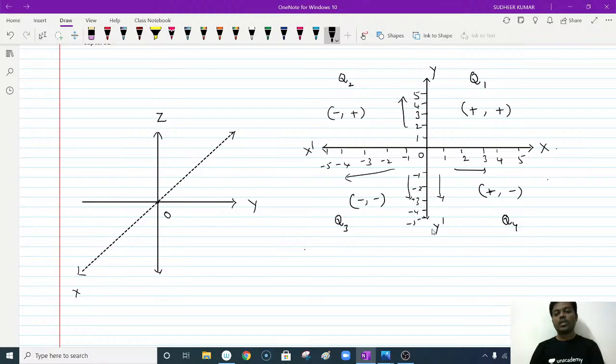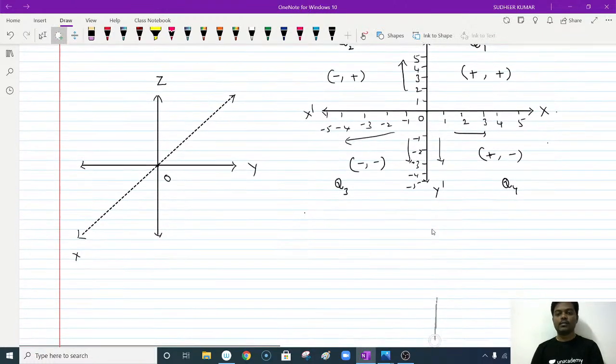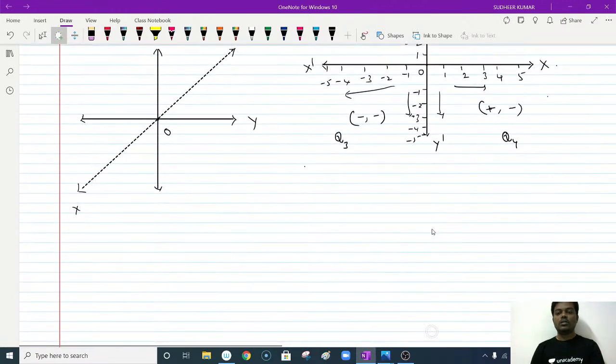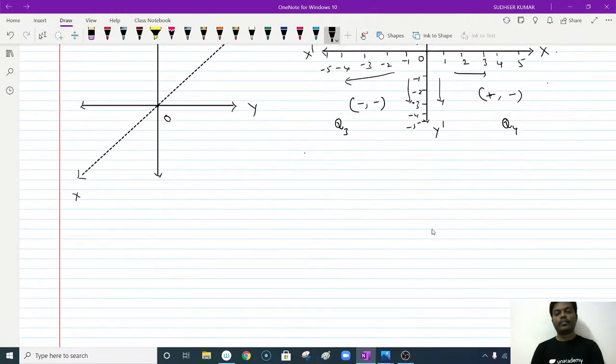So in this case, how will we find the signs of the coordinates? Easily, it divides space into 8 quadrants.